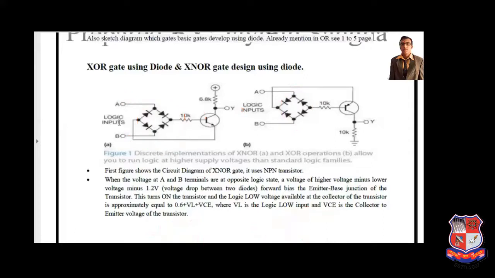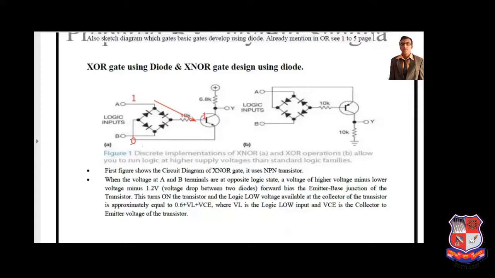Now I will explain the other two cases. If here input is 1 and here input is 0. Now see, this is the two different case. Here 1, so the diode acts as forward bias, so current can flow like that. See this, current can flow like that, and here also we can get 1.